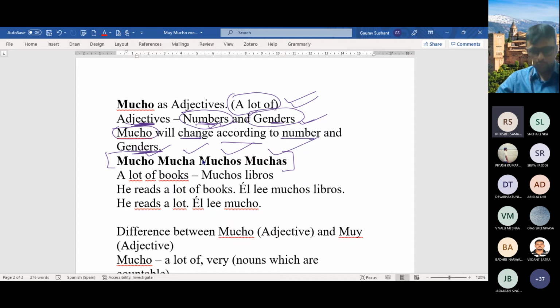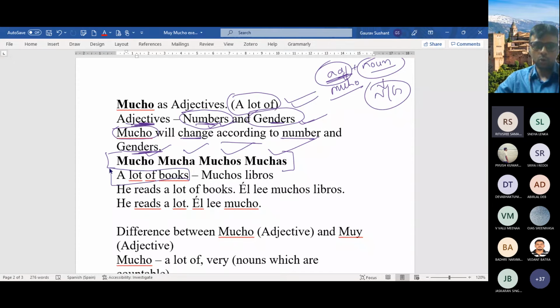Now, how will you use this? This is quite understood. How do we use an adjective? We use an adjective according to the noun. So whatever is the number or gender of the noun, you have to choose that particular form of mucho. So, a lot of books. It is not a sentence, it is just a small expression.